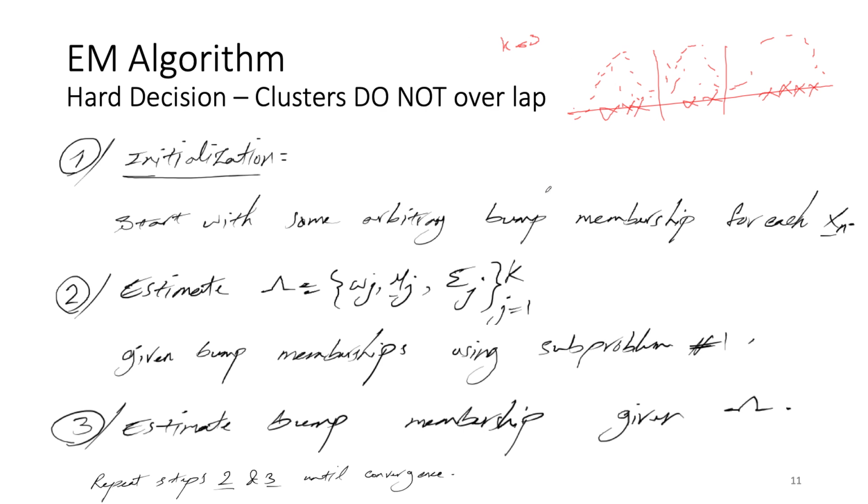So you have points. First, you have to estimate a Gaussian distribution. So first, you have to calculate the hyperparameters that can form a Gaussian distribution. And using these known parameters, you can calculate bump membership or a Gaussian distribution that they can belong to. And you have to repeat this again and again.